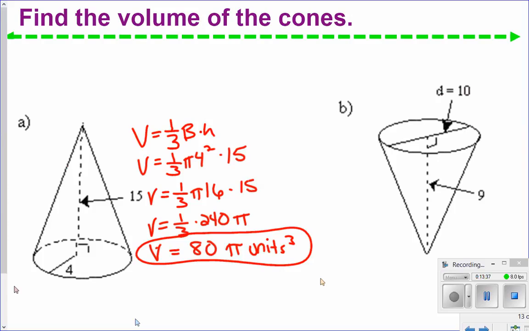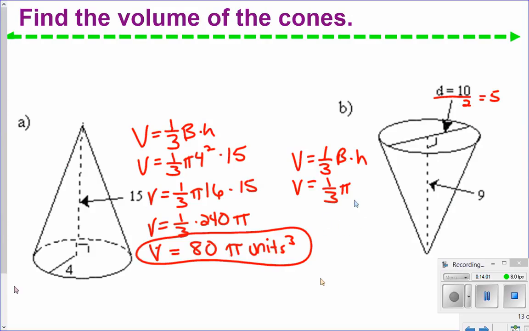Let's try one more. So we have a cone again. It's coming to a point, so that helps us remember we're going to multiply by 1/3. So 1/3 area of the base times the height. Area of the base, that's a circle, pi times the radius. We were given the diameter, so of course we'll divide that by 2 to get the radius.